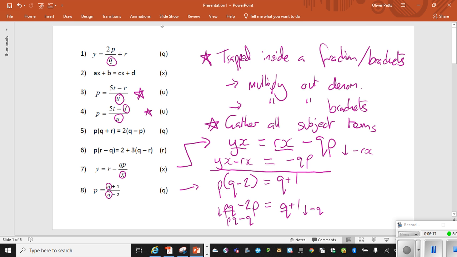The term not involving Q on the left-hand side is negative 2P. So what I'm going to do is remove this from the left-hand side by adding it. So it's a negative term, so I need to add to remove it. So adding to remove it from the left-hand side means it's going to be added to the right-hand side as well. Oh, we got rid of that Q, didn't we?